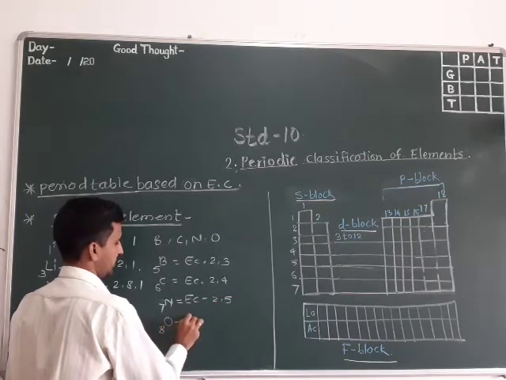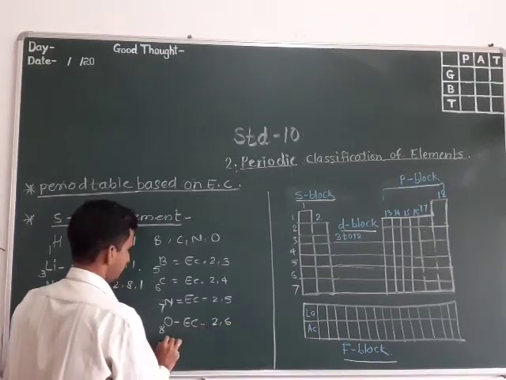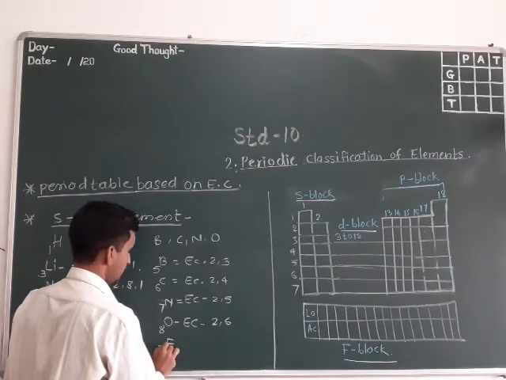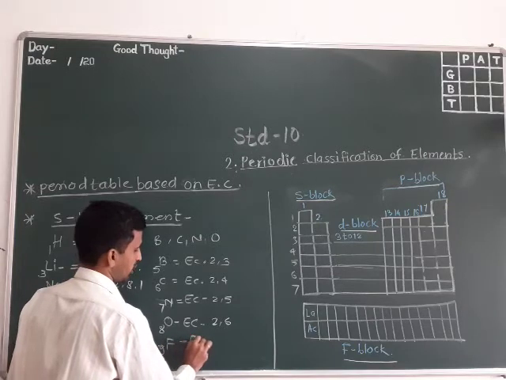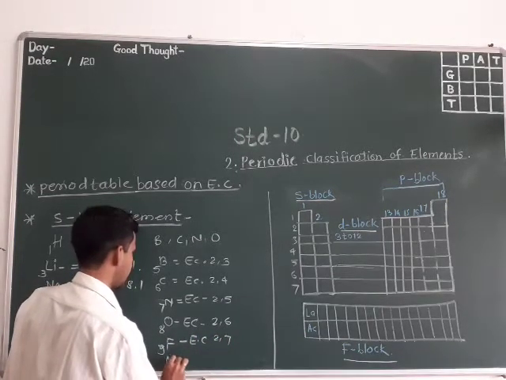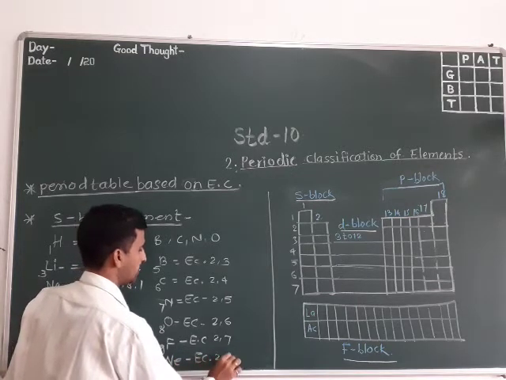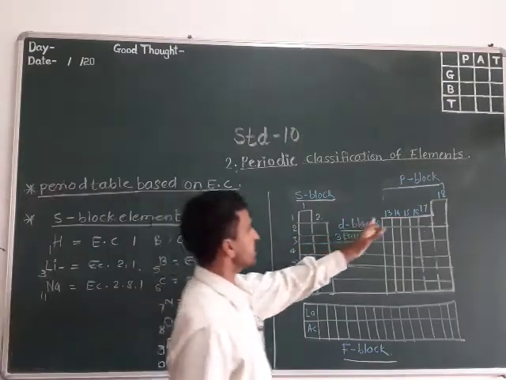Oxygen, 8, has electronic configuration 2, 6. Fluorine, 9, has electronic configuration 2, 7, and neon has electronic configuration 2, 8.